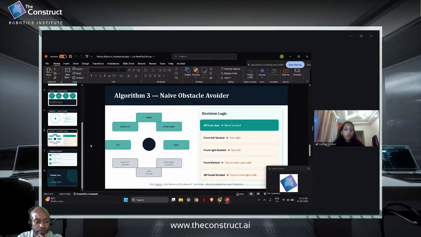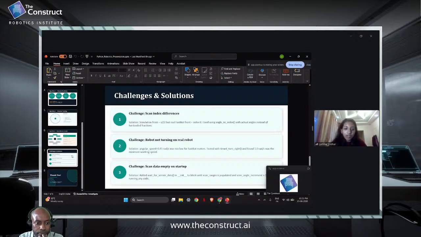There were three challenges that I faced during development of this project. Firstly, the scan index differences. The scan indices differed between the simulation and the real fastbot robot.